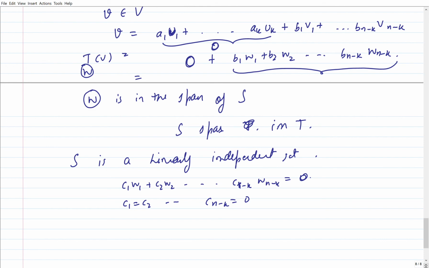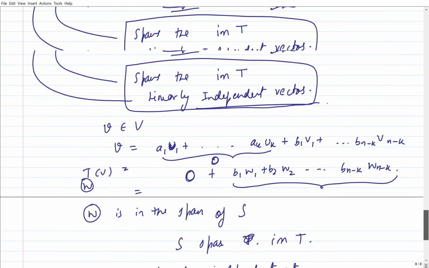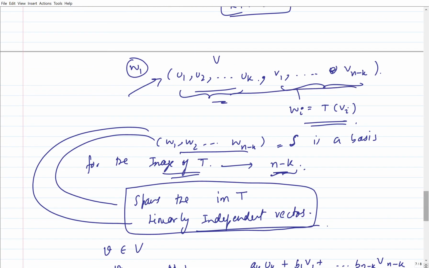That's easy. Start by writing, consider a vector V, which is C1 V1 plus C2 V2 up to Cn minus k V n minus k. These were the vectors of my original vector space when I was trying to form a basis.